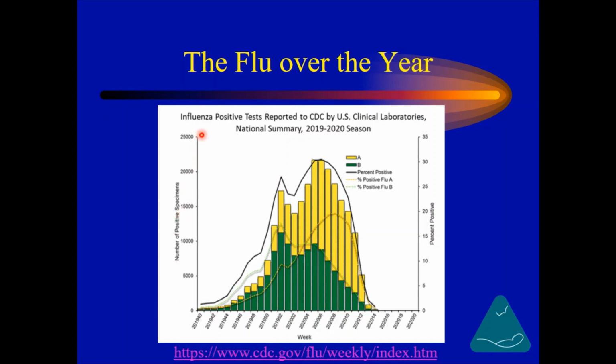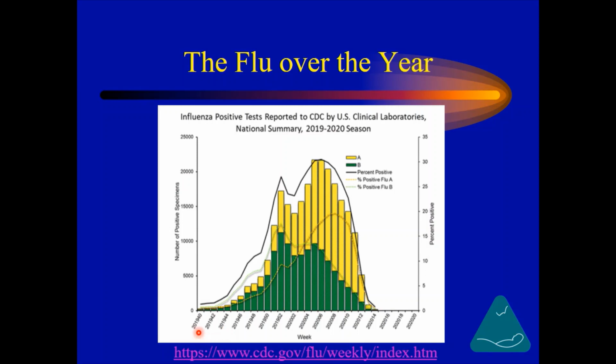This first graph looks at the flu over this season. On this axis, you see that it's looking at the number of positive specimens received, and it goes from 0 up to 25,000. Down here is weeks. So each bar represents the number of positive specimens in a week.